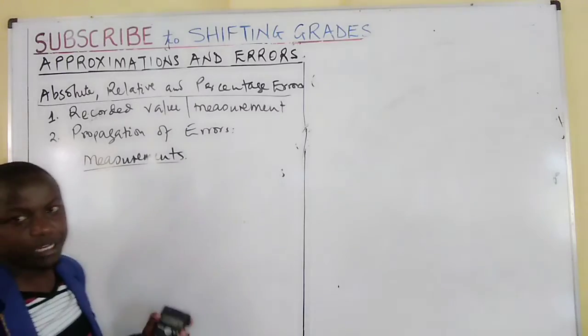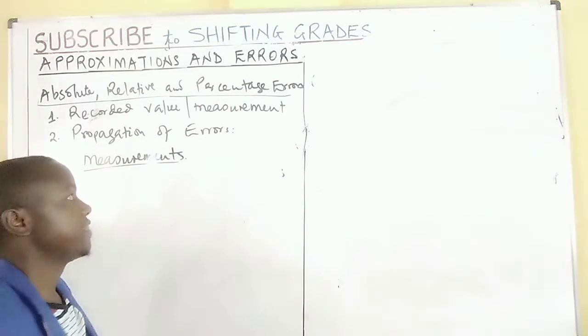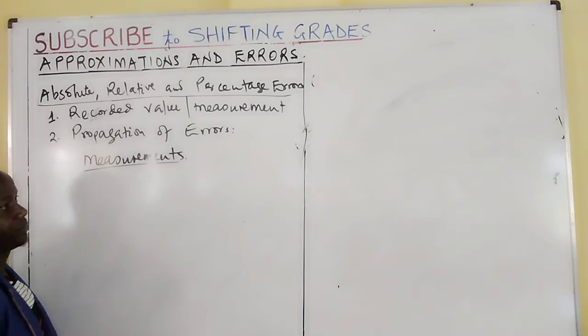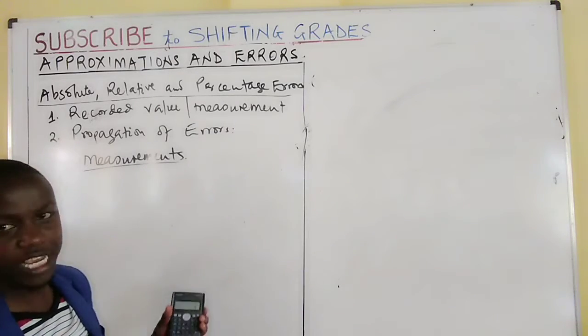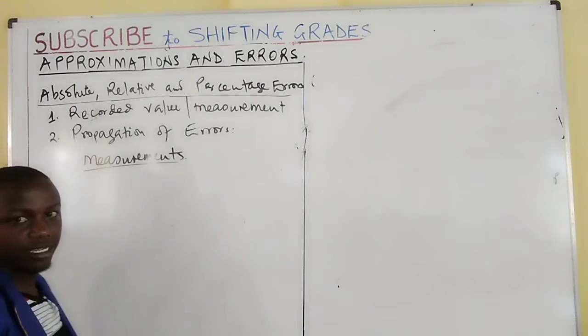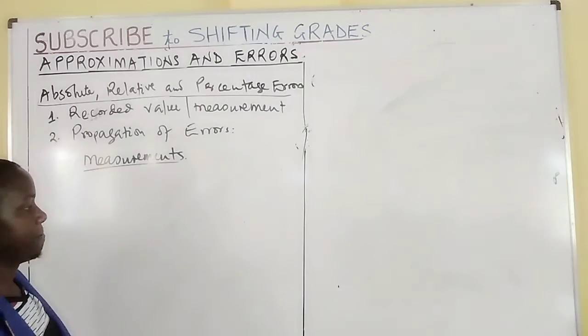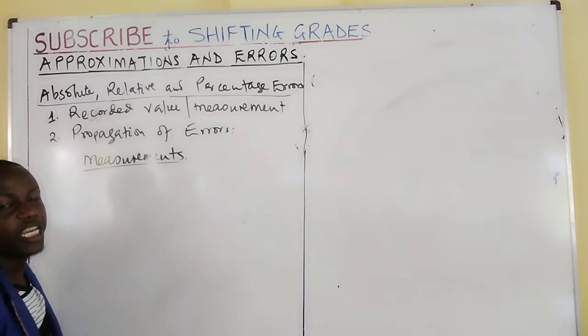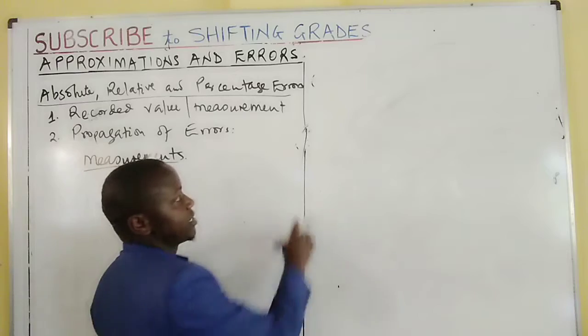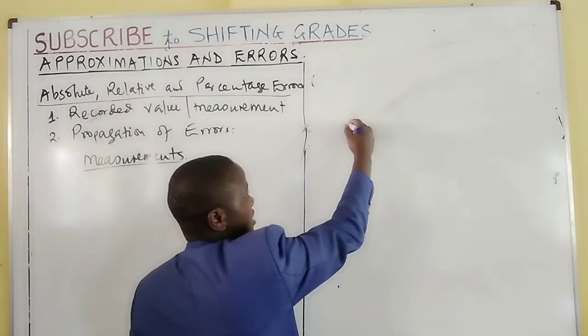So we know that measurements depend on the accuracy of the machine or the instrument taking the measurement. Therefore, if you are given, for example, something which has been recorded to the nearest whole number, we say that the accuracy of that machine is 1.